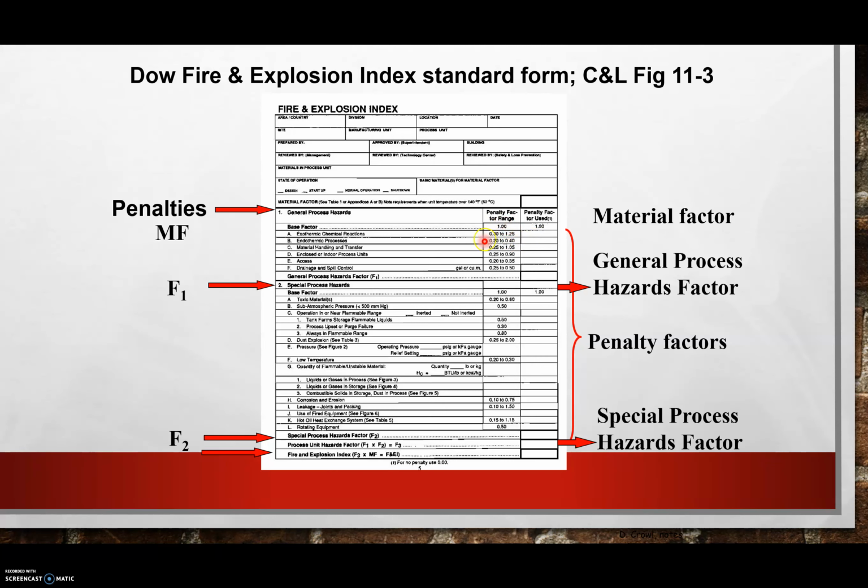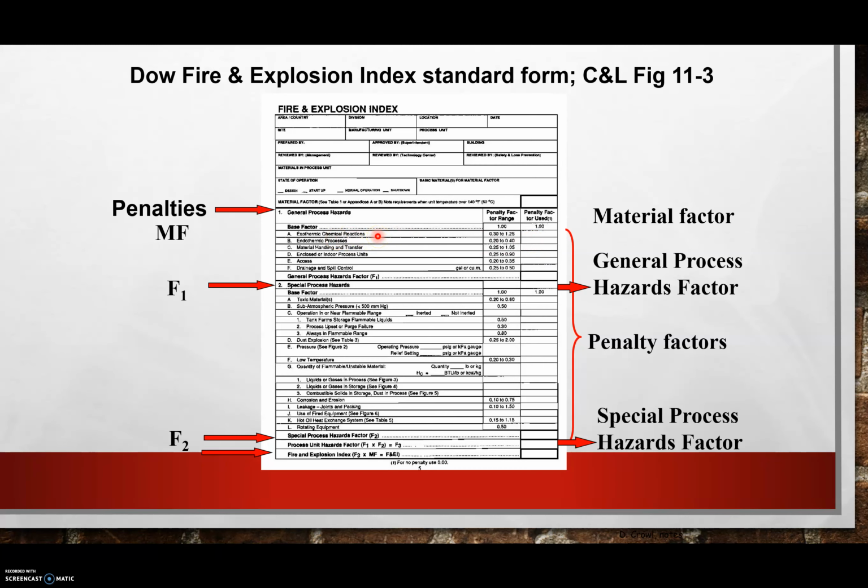Because from the form, the penalties may range from, for example, here 0.2 until 0.4. So what is the suitable penalty that can be put inside here for the endothermic process?